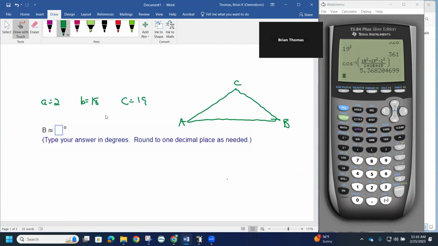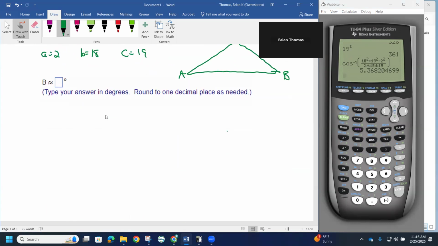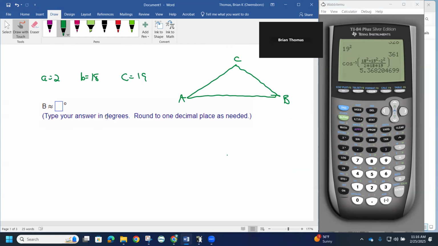Now, the next angle they want us to find is angle B. So remember, side A was 2, side B was 18, side C was 19. So if we're looking for angle B, what that means is side B is the opposite.